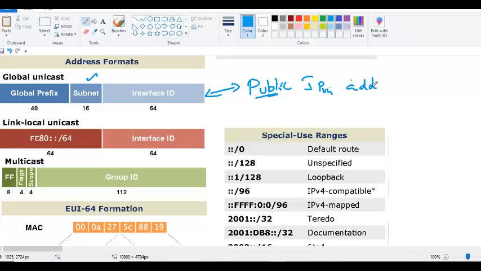It will always start with 2000 or 2001 or 2002 or 2003, like that. Why does it start with 2000, why is it not starting with 1? It is because in the year 2000, IPv6 became a standard.